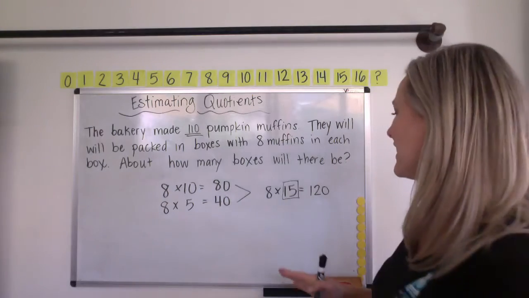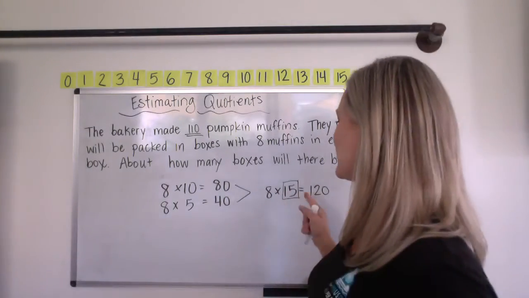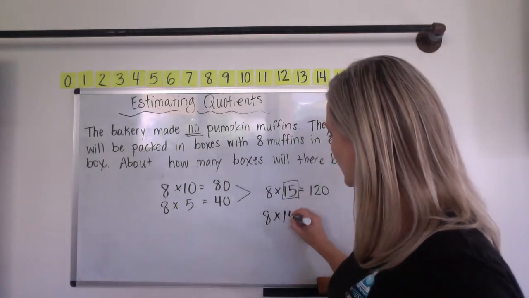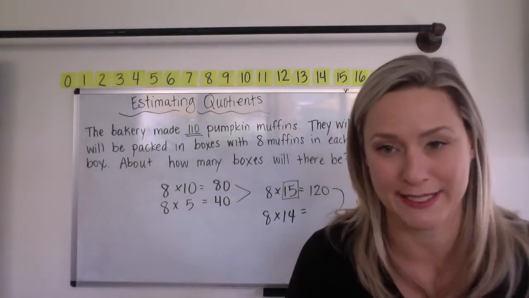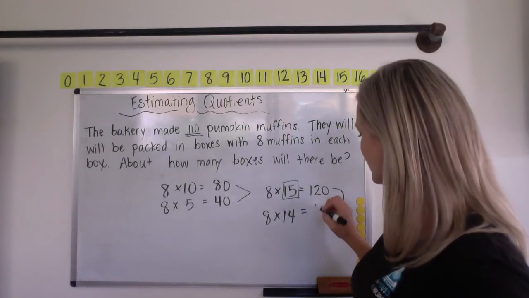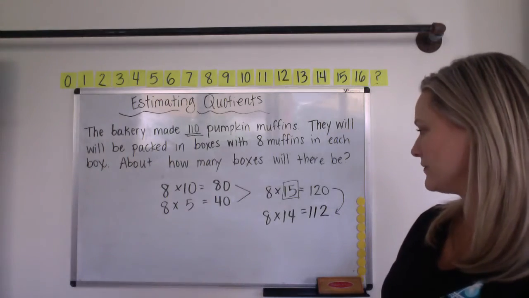Because now we know if we take off 1 box of 8, we'd have 8 times 14, right? 8 times 14 is going to be this minus 8, right? So 120 minus 8 is 112.